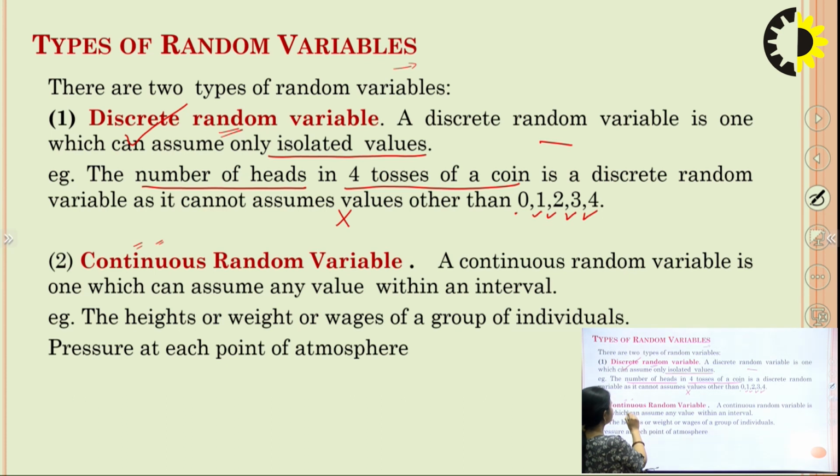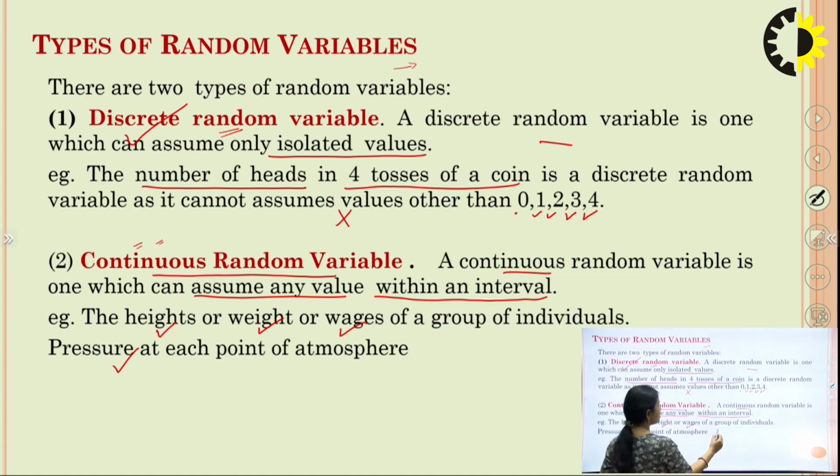And the second one is that a random variable can be continuous. In the case of a continuous random variable, the variable can assume any value within a defined or required interval. It can take any value within an interval. For example, height, weight, wages, pressure, all these are continuous variables.